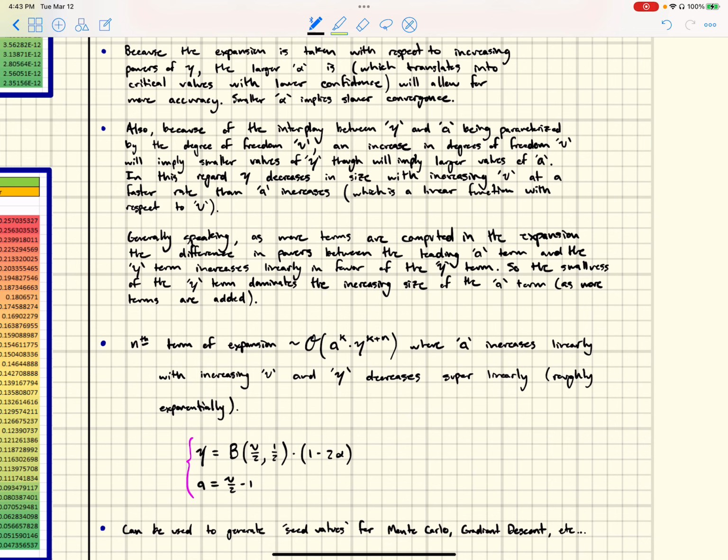It's actually roughly exponentially. So each term of the expansion, as you increase the number of terms, is going to get smaller and smaller, which is good because that's what you want to see in a convergent series.